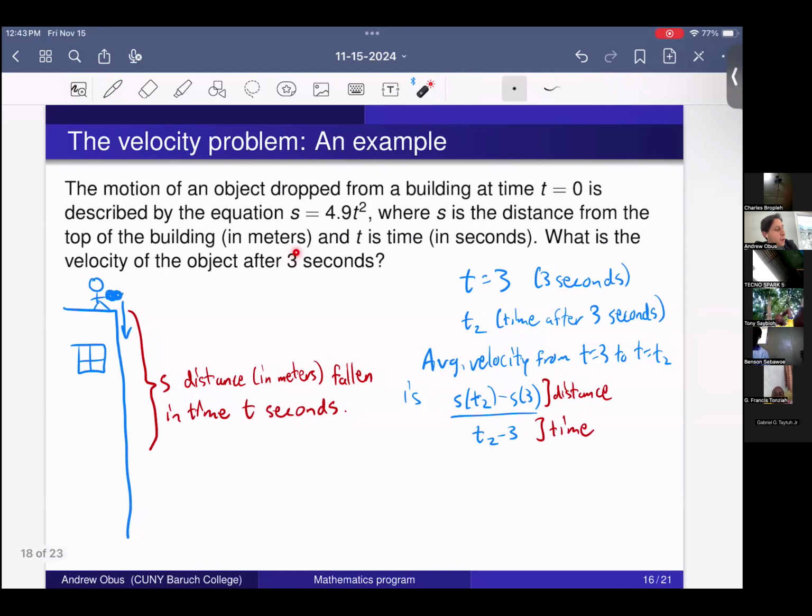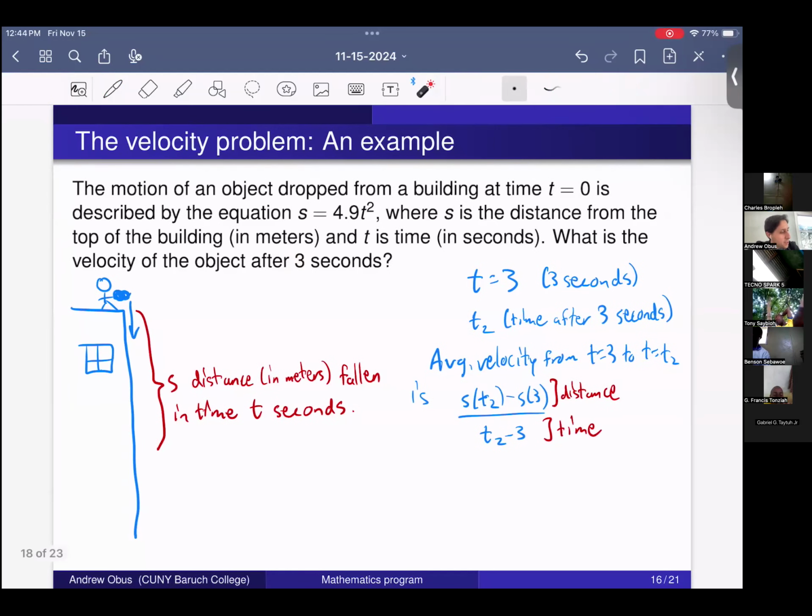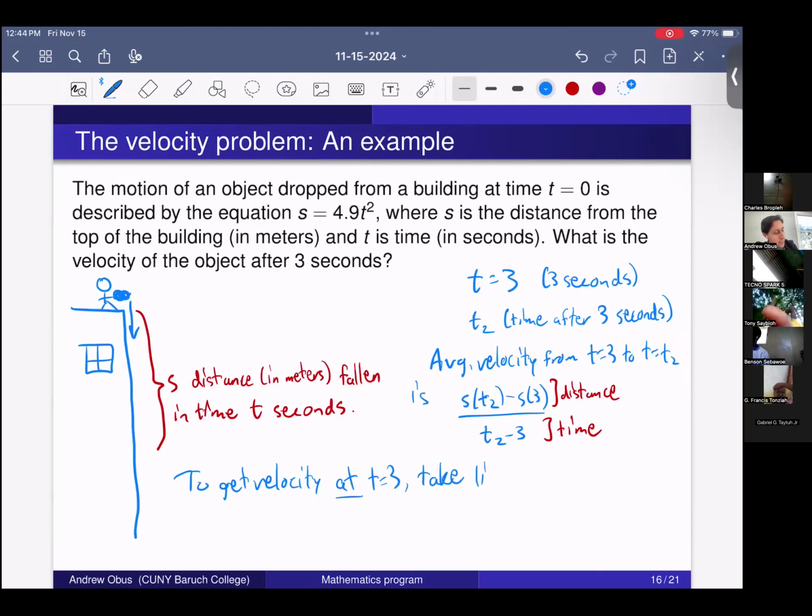If we want to know the velocity at t equals 3, what do we do? Well, we do the same thing we did before. We have to take the limit as t2 approaches 3.